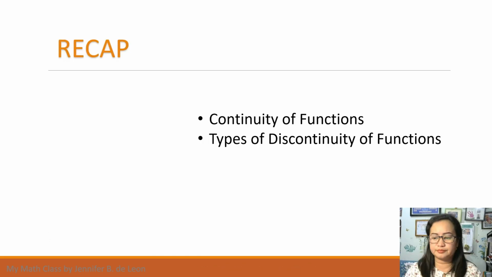Okay. Now let's have a recap of our lesson for today. There are two main concepts that we have learned. We have continuity of functions, which literally means tracing the graph of the function without lifting our pen. We can also use the three-step method in order to determine whether a function is continuous at a number or not.